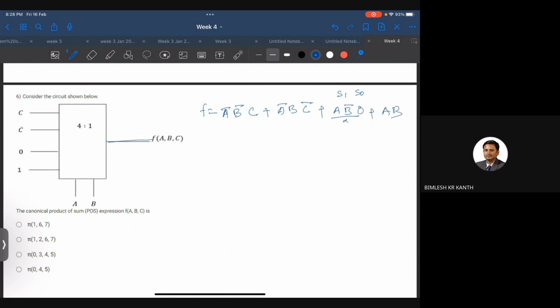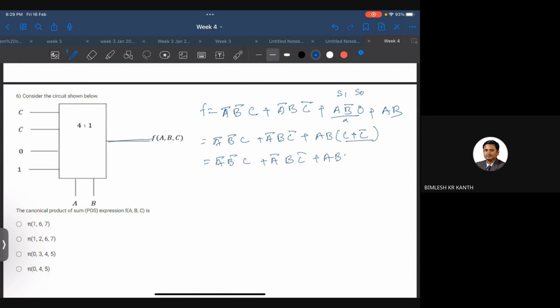Up to that is clear. Now we'll get A bar B bar C plus A bar B C bar plus AB. We can write AB as AB times (C plus C bar), which is anyway 1. So A bar B bar C plus A bar B C bar plus A B C plus A B C bar, right?